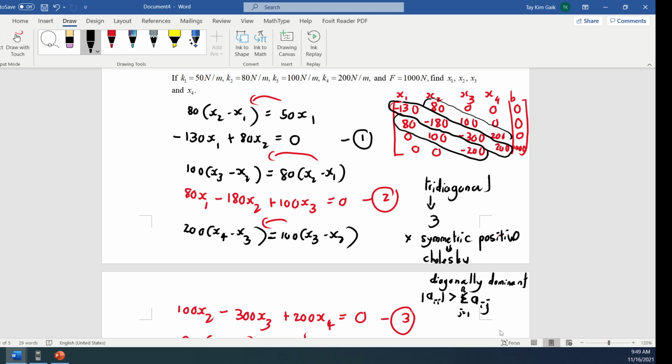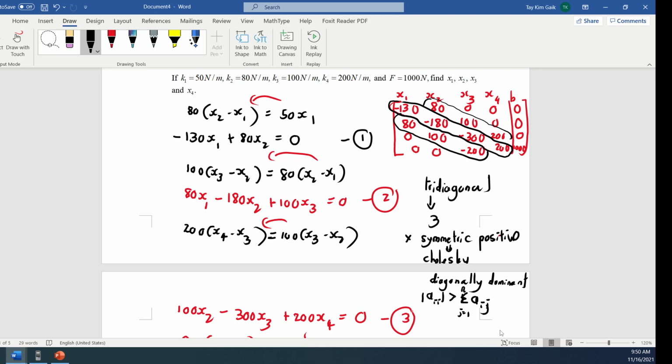If one entry is not satisfied, it is automatically not diagonally dominant. Third row also: magnitude 300, and 100 plus 200 is 300, equal, also cannot. Fourth row also: magnitude 200 and 200, equal, so not satisfied the criteria. So this one you can only solve using Thomas, and you can always solve it using Gauss elimination method.